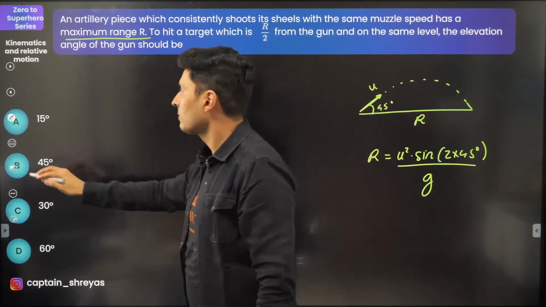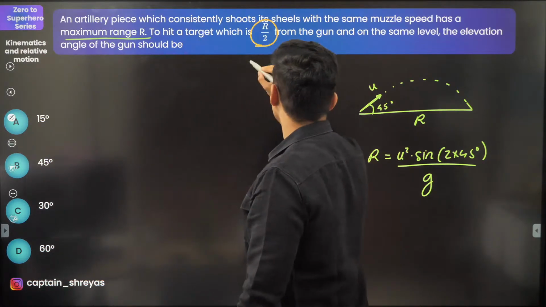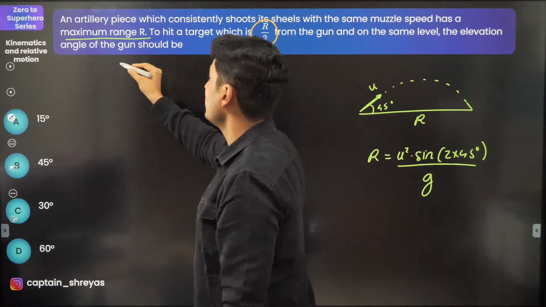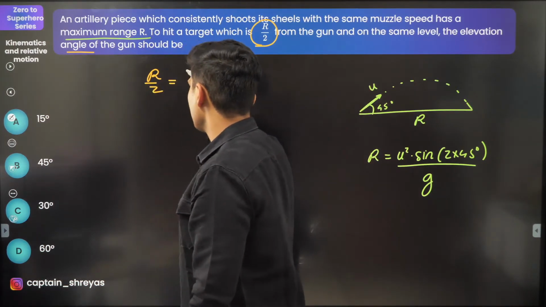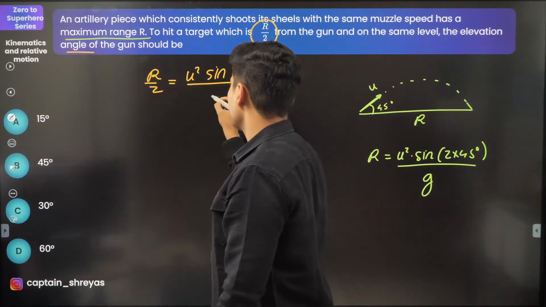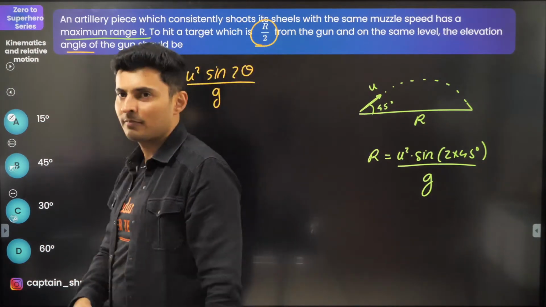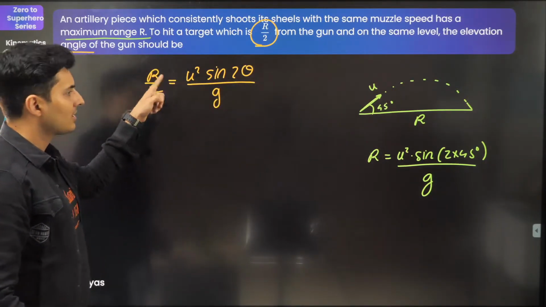Second time what is happening? The range is different. So the question is, what's the new angle going to be? So for R by 2, I can say it is u square sine 2 theta by g, I do not know what theta is. But wait a minute, I already know the value of R. R is this whole thing.